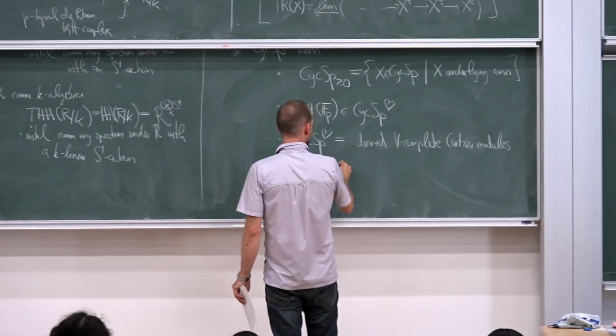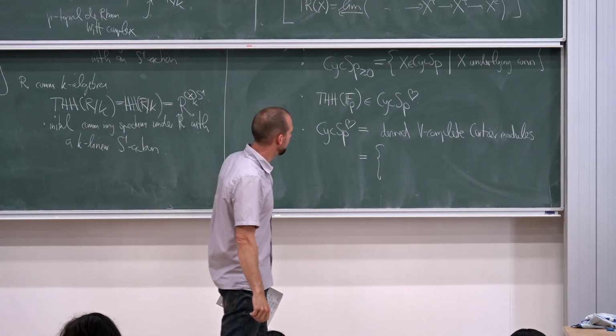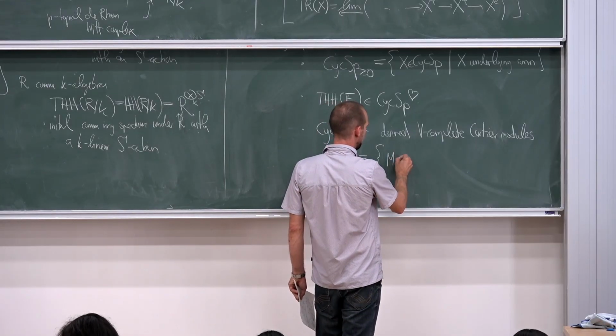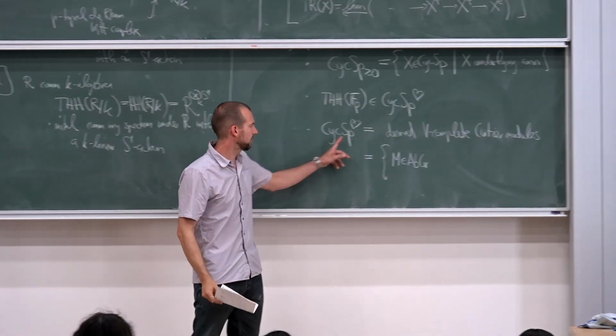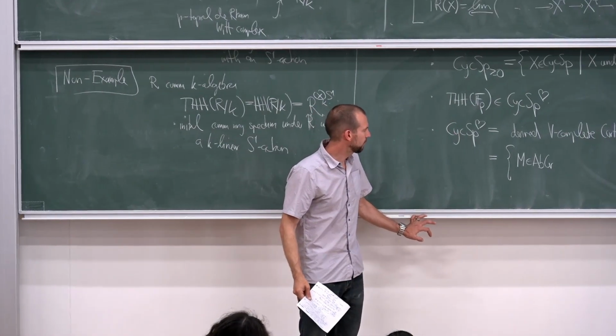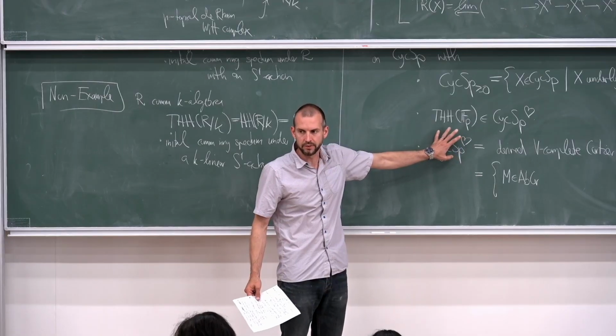What is a derived V-complete Cartier module? By the way, most of you probably know this: the heart of every stable infinity category with a t-structure is going to be an ordinary abelian category.